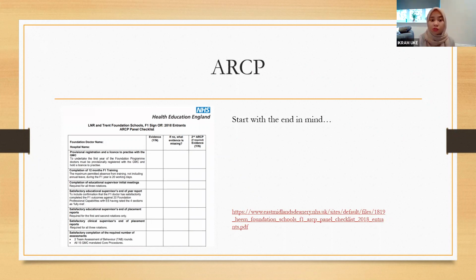And the thing is, you don't actually have the entire year. Your ARCP forms need to be sorted in the last few months before you finish your year, and it varies from school to school. So find out how your ARCP works in your actual deanery.